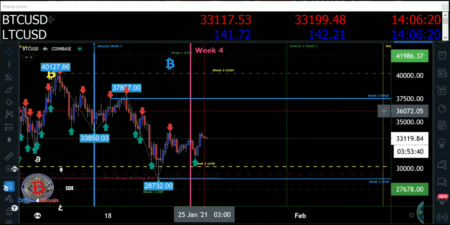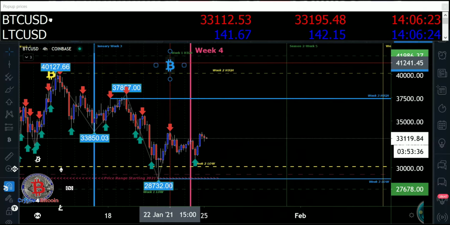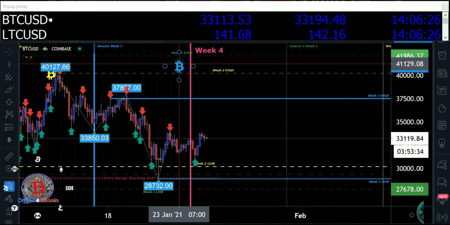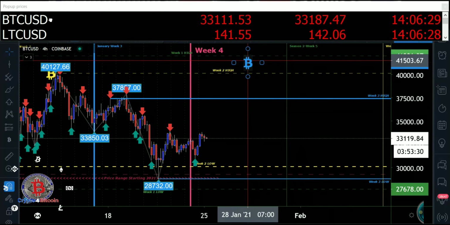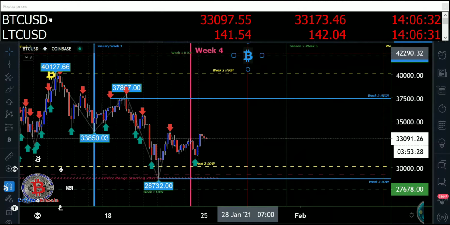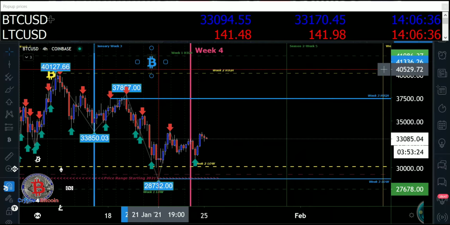Just entered week 4, and no, we never went for the B. We didn't go for a new high in week 3. Maybe in week 4 we can go for the B, but we'll leave that there for now.